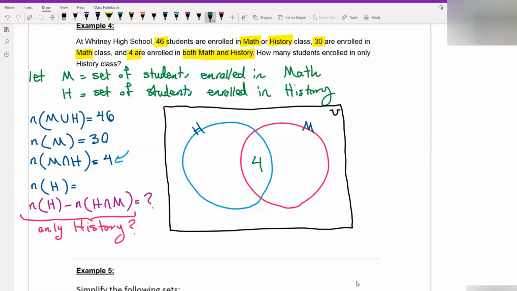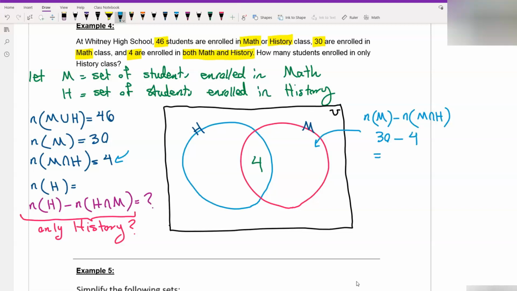Now to find the rest of that, for example, for this part, I have to use number of elements that are inside M, subtract the number of elements that I have in intersection part, M intersection H. So here for M we have 30, and here for intersection we have 4.